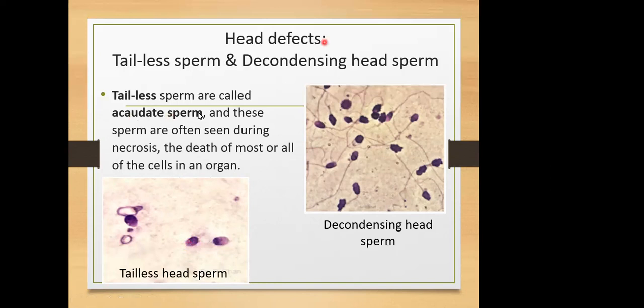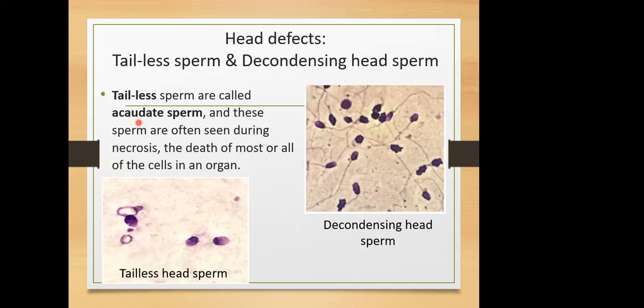I think it's good that we are back to this slide. There is a terminology here, acaudate. Remember that A means absence. Cauda means tail. Remember, if you look at the sections of the epididymis, you have the caput as the head, the corpus as the body, and then the cauda as the tail.